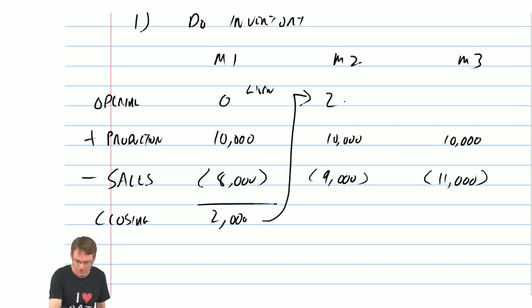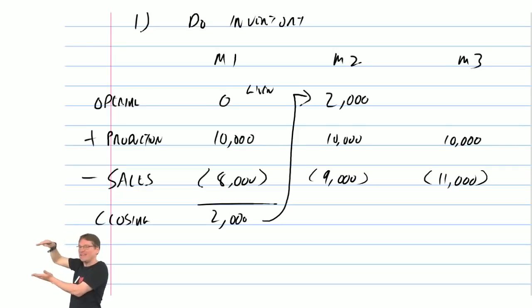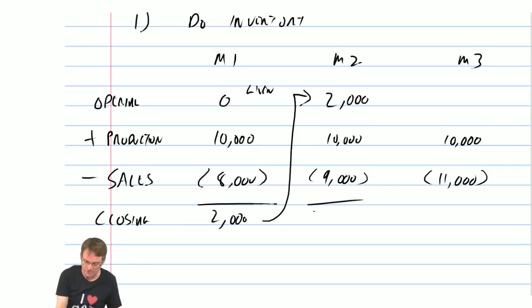So we start with 2,000. In month 2, we make 10, but we only sell 9. We've got 1,000 extra. Now the closing inventory will not be 1,000 because you had 2,000 to start with. So you had 2,000 already at the beginning and you make 1,000 more than you sell. Your closing inventory is now going to be 3,000.